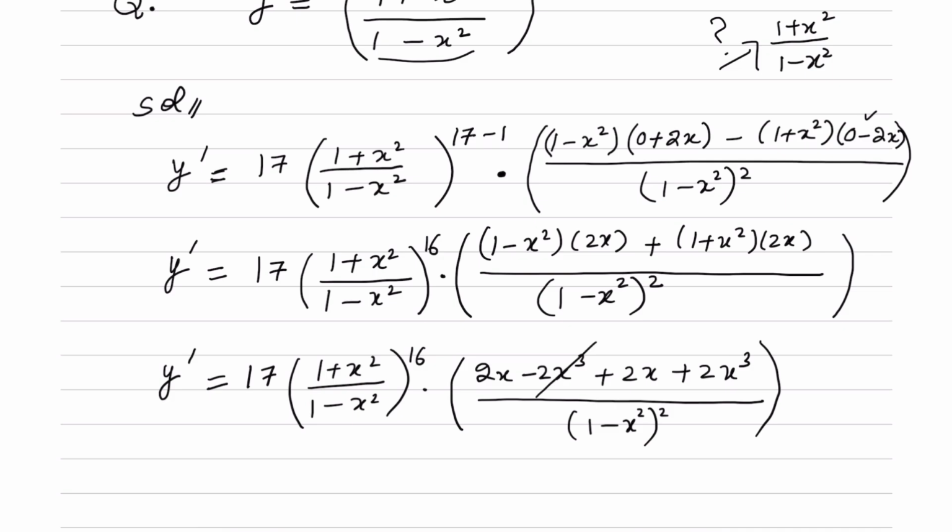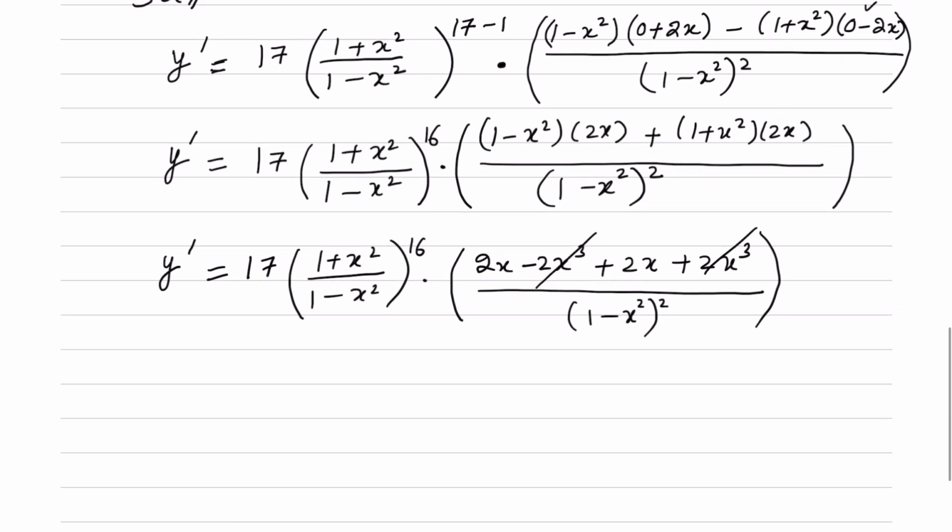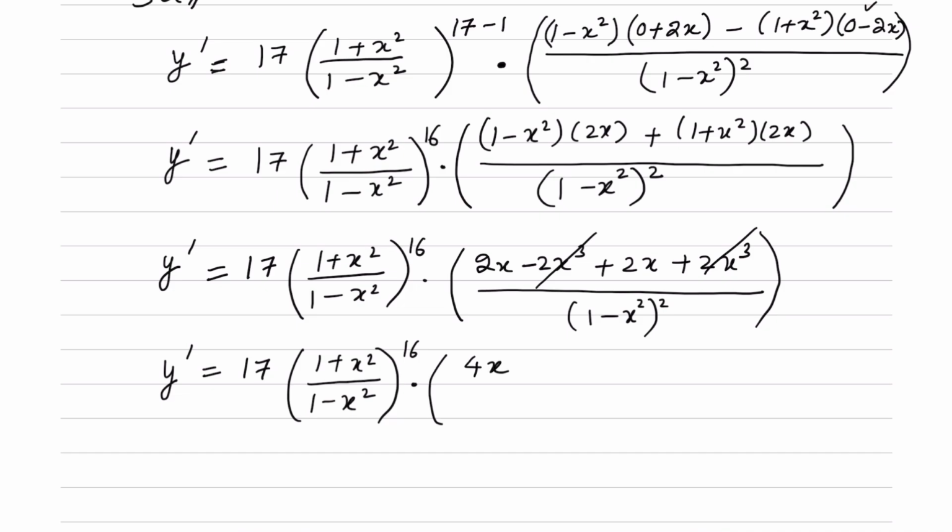So this 2x cube and this 2x cube cancel each other out because of their positive and negative sign. So we have y dash equal to 17 into (1 plus x square over 1 minus x square) whole power 16 into 4x divided by (1 minus x square) to whole power square.